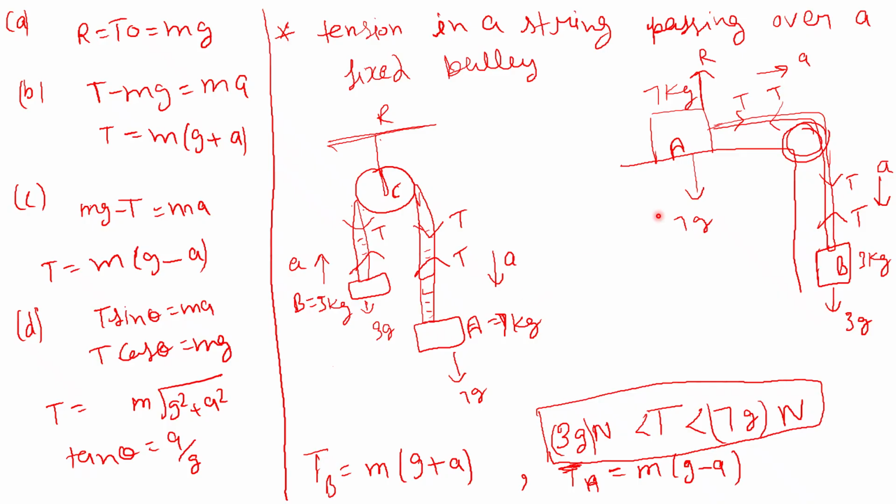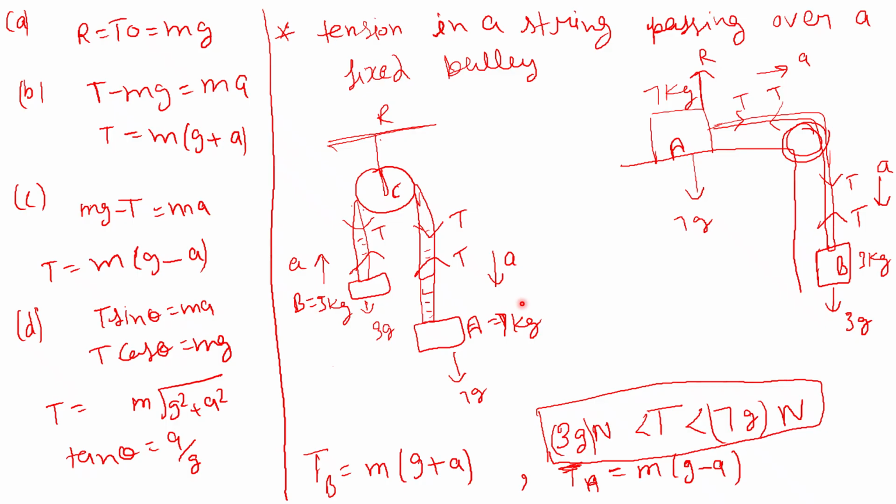This is figure A, this is figure B. To understand this, in the system shown, the force 7g newton will pull the string down while 3g newton on the other side will oppose it. So net pulling force is equal to 7g minus 3g is equal to 4g newton, while the mass in motion is 7 plus 3 is equal to 10 kg.